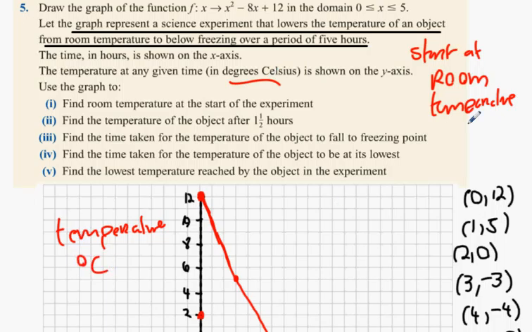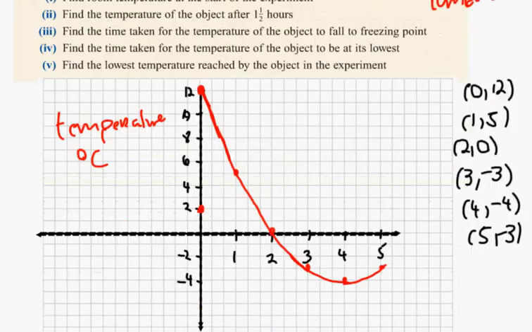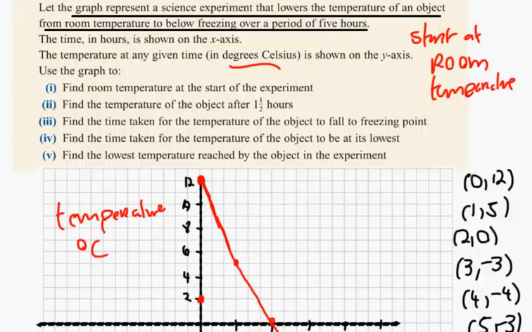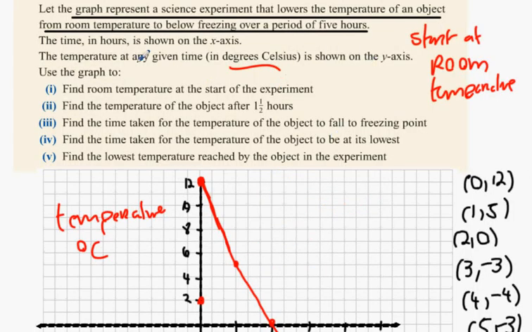And then on the x-axis is time measured in five hours. Okay. Now, what did we start off at? 12, didn't we? So we started off at 12 degrees.